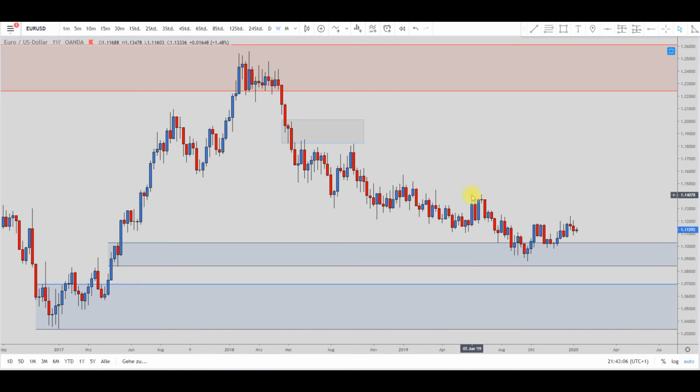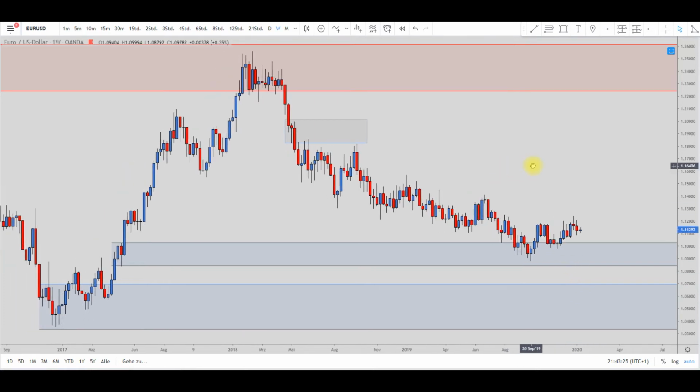So that leads to the assumption that we might actually go through this one and find a final bottom down here. Well, we're not trying to predict, we'll be just trading whatever happens, but it kind of looks like it because we've gone very far into this level and this one seems to be waiting down there.